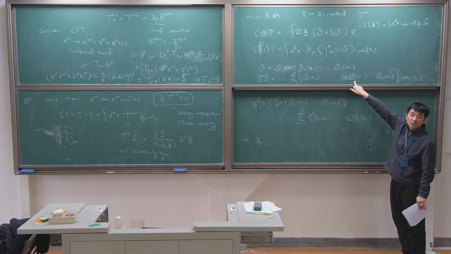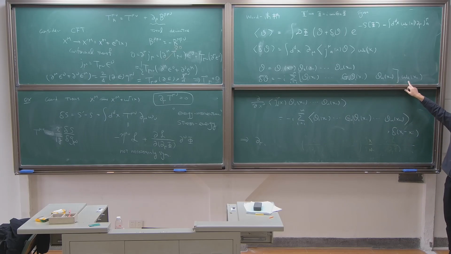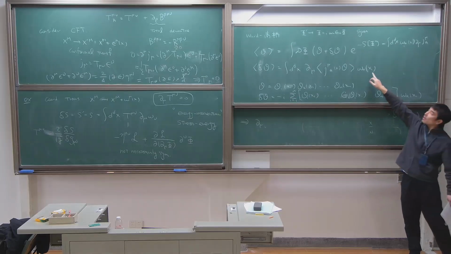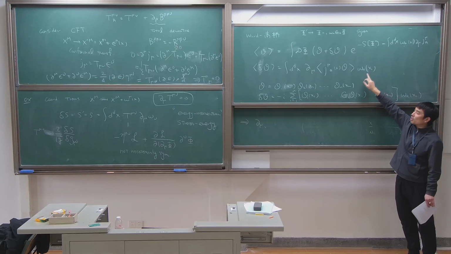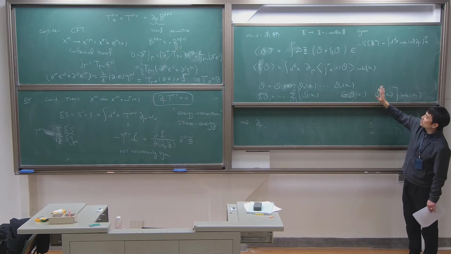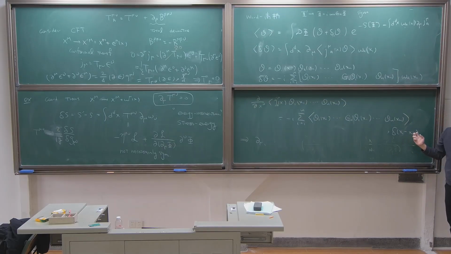When you act with the symmetry generator on the ith operator, the omega depends on xi, whereas here it is independent of the position of the other local operators. So to make it omega A of xi, you need to include this delta function operator and then take an integral over spacetime. Is it okay?